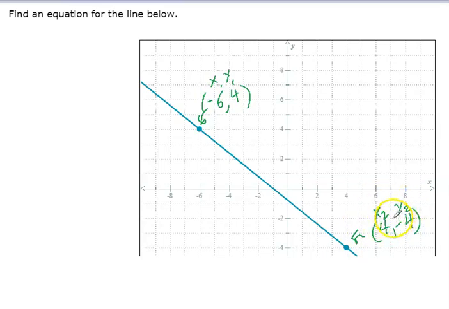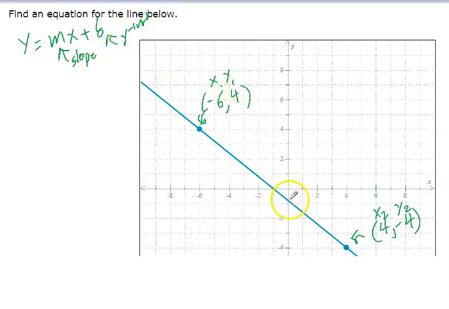Now, we'll go ahead and find the equation of our line graphically in this case. To find the equation of a line, we're going to find it in slope-intercept form, which is y equals mx plus b. So, as we talked about before, we need to know the slope of that line, or m, and then the y-intercept, or b.